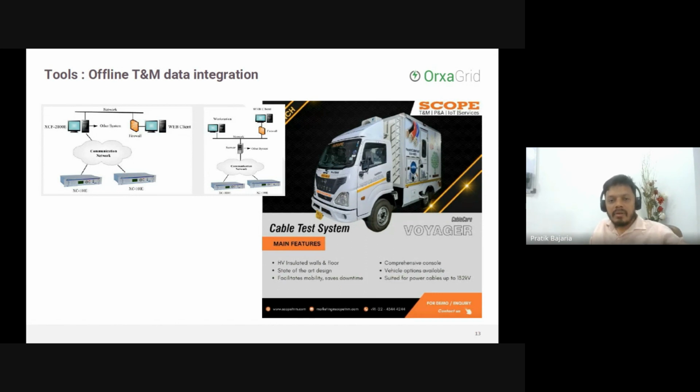It should not happen that the prescriptions from the model we give you from the OrxaGrid side are not verified with the ground truth, which is where the offline solutions come in handy, making sure that the solutions have a probability of failure prediction which is near 80 to 90%.